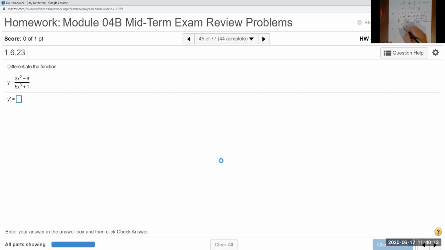Lots of fractions, lots of crazy stuff going on. 3x squared minus 8 over 5x cubed plus 1. And we want to take the derivative.